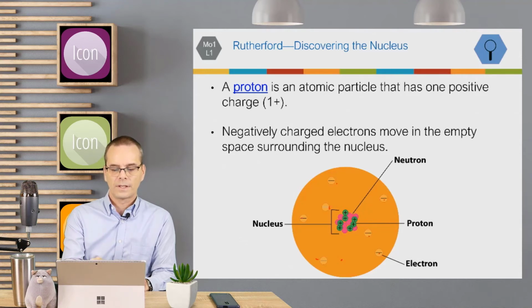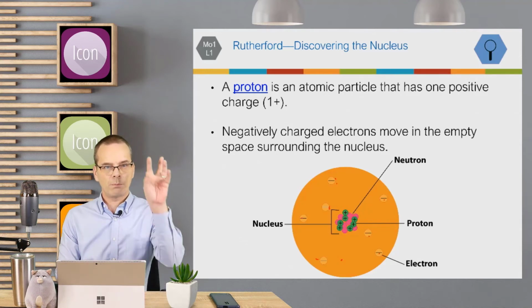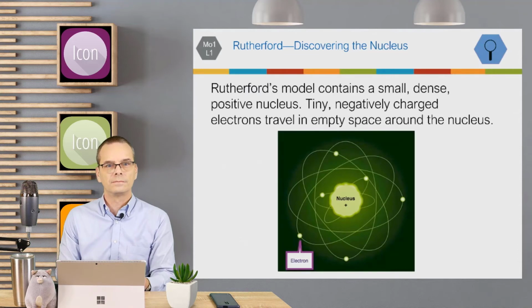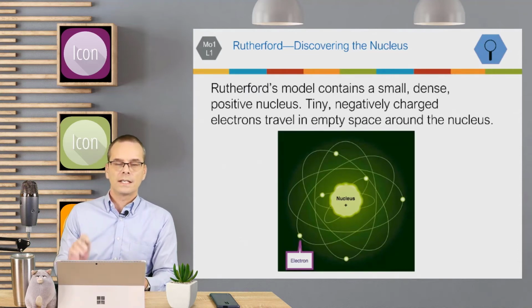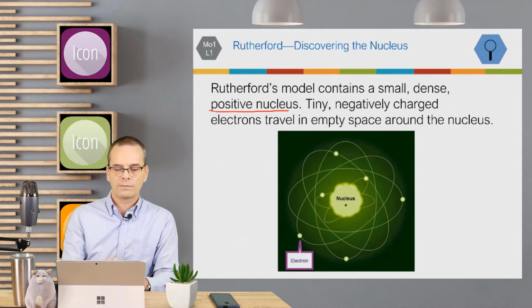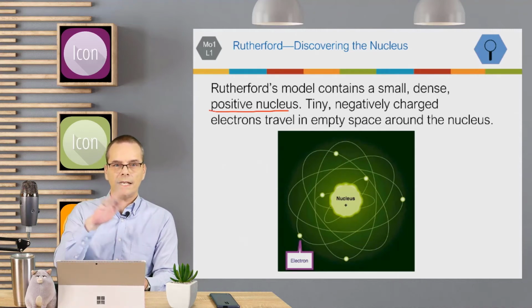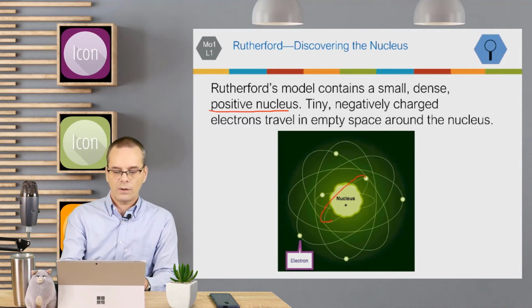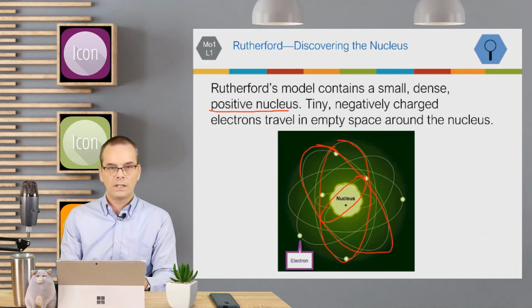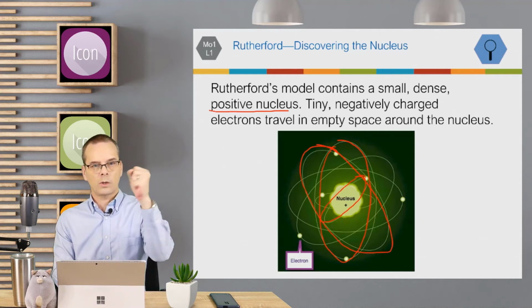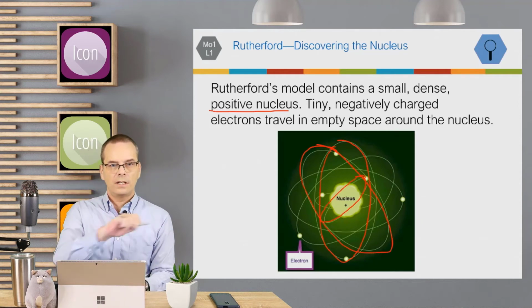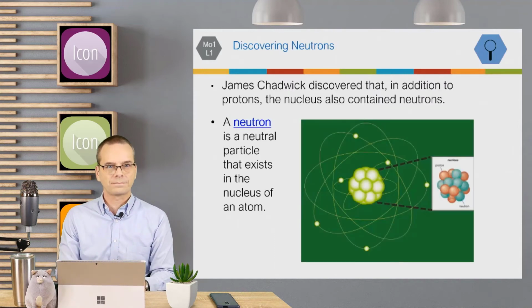So now you've got the different parts of an atom coming together. Rutherford's model contains a very small, dense, positive nucleus, and these tiny electrons travel in empty space around the nucleus. So that was his model: the positive nucleus with all the protons and the negative electrons spinning around it.